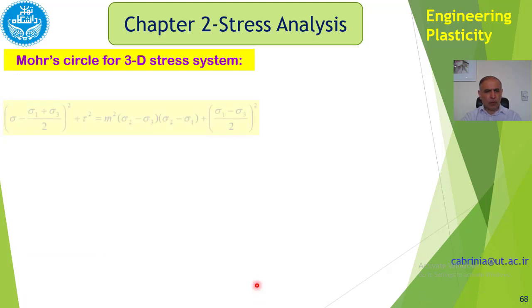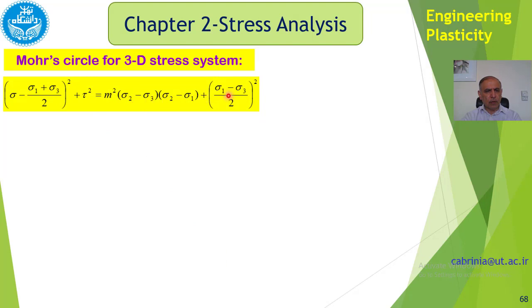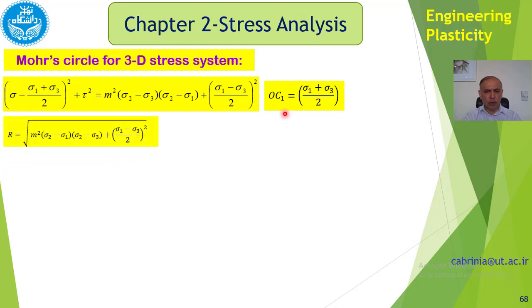So I'm going to show you this. This is the one for m squared. The center is sigma 1 plus sigma 3 divided by 2. I have shown this with OC1. O is the origin, C1 is the center. And then the radius will be that, so if m changes, this radius changes. Here we get m equal to 0, r becomes sigma 1 minus sigma 3 divided by 2.